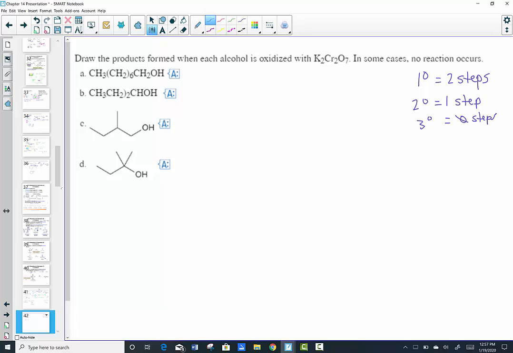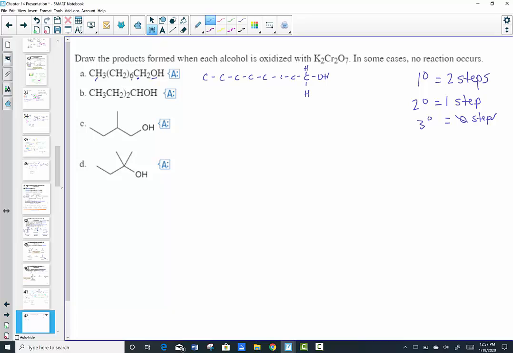Alrighty. So here in letter A, I notice that I have a long hydrocarbon chain. It's 1 plus 6 is 7. There's 8 carbons in a row and then an OH group at the end. 1, 2, 3, 4, 5, 6, 7, 8. There's the OH. This is a primary alcohol.